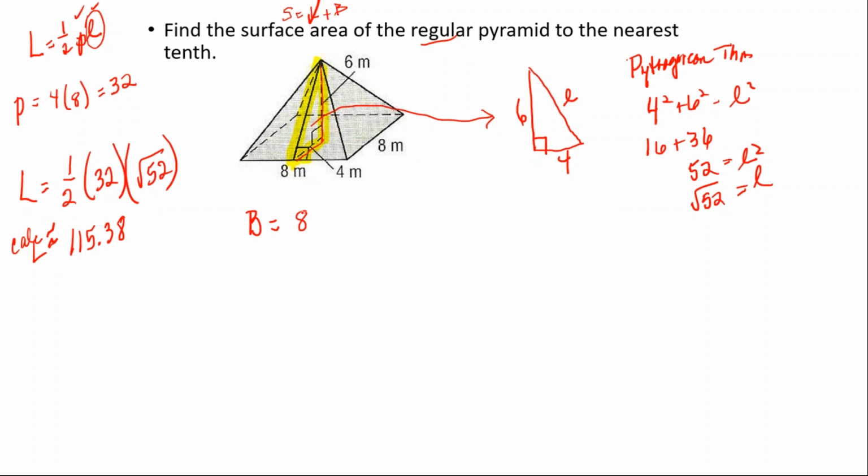So it's 8 squared, which is 64. So I only have one base, so I have that one. Surface area equals lateral 115.38 plus the 64.